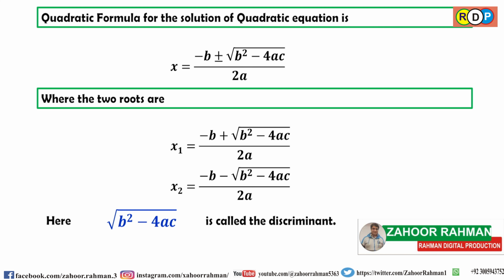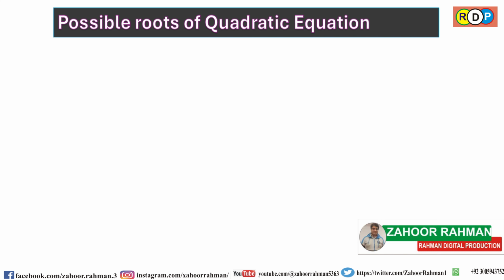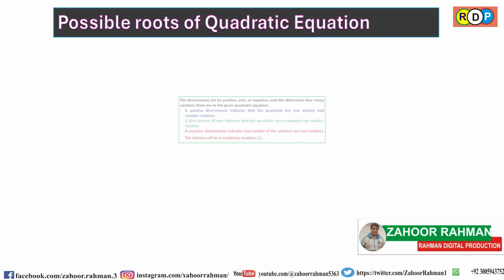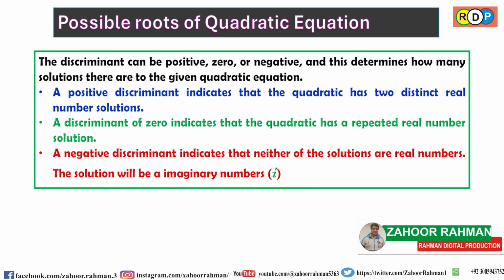Let us talk about that as well before going to the IDE. Possible roots of quadratic equations are three. The discriminant can give you a positive value, 0, or a negative, and this determines how many solutions there are to the given quadratic equation.